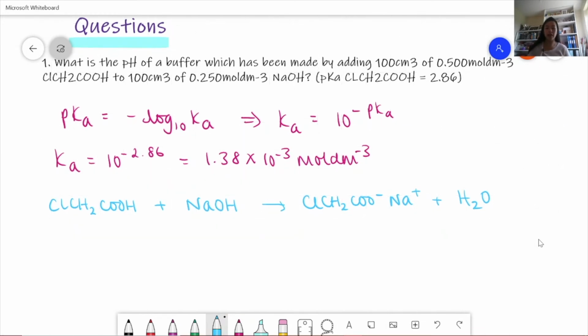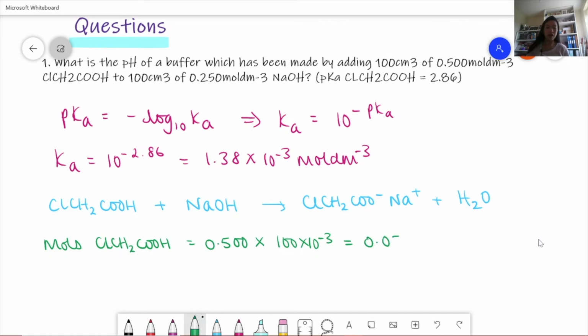So we have the moles of this chloroethanoic acid is equal to concentration times volume. So we've got a concentration of 0.500, and we've got a volume of 100 times 10 to the minus 3 decimeters cubed, and this comes out to be 0.05 moles.